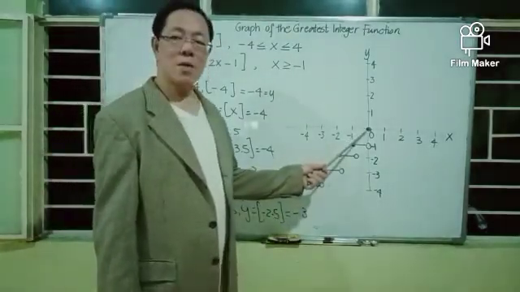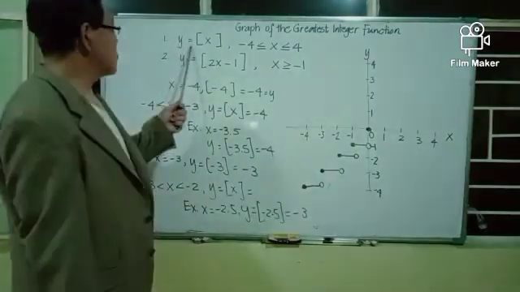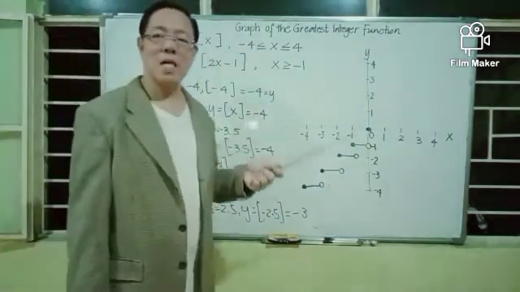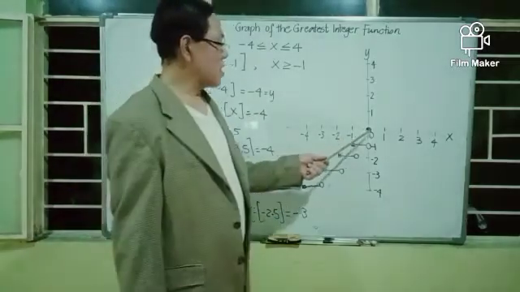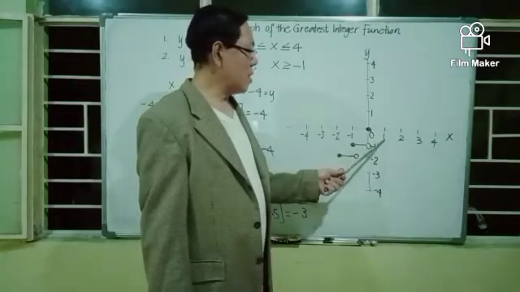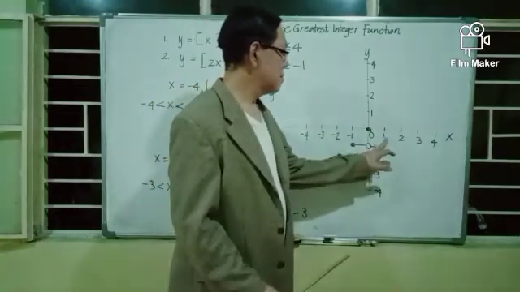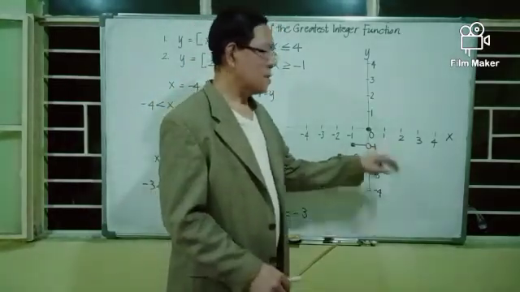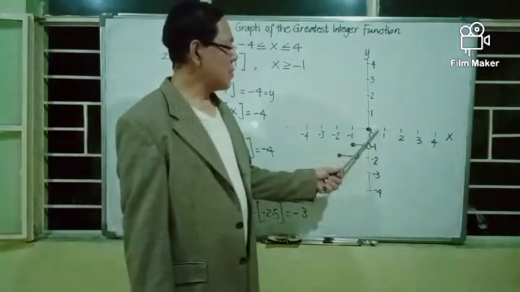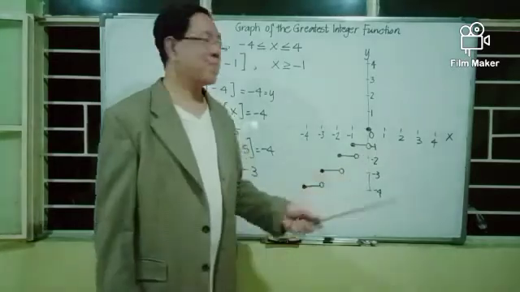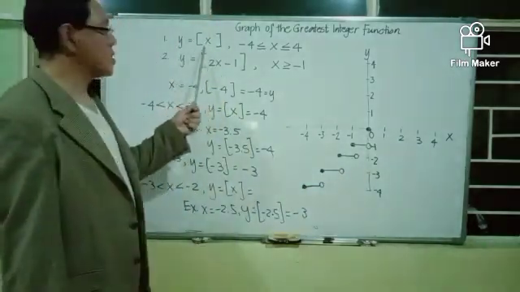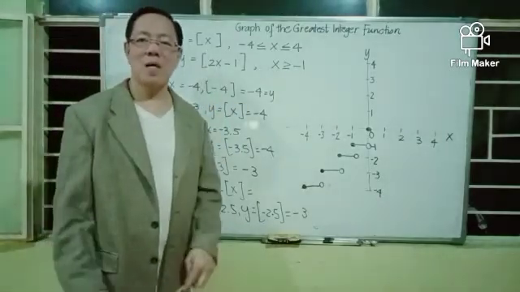So when x is 0, the value of y is the floor of 0, and the floor of 0 is 0. Now we take numbers between 0 and 1. Say 1.5. If x is 1.5, then y is equal to the floor of 1.5.